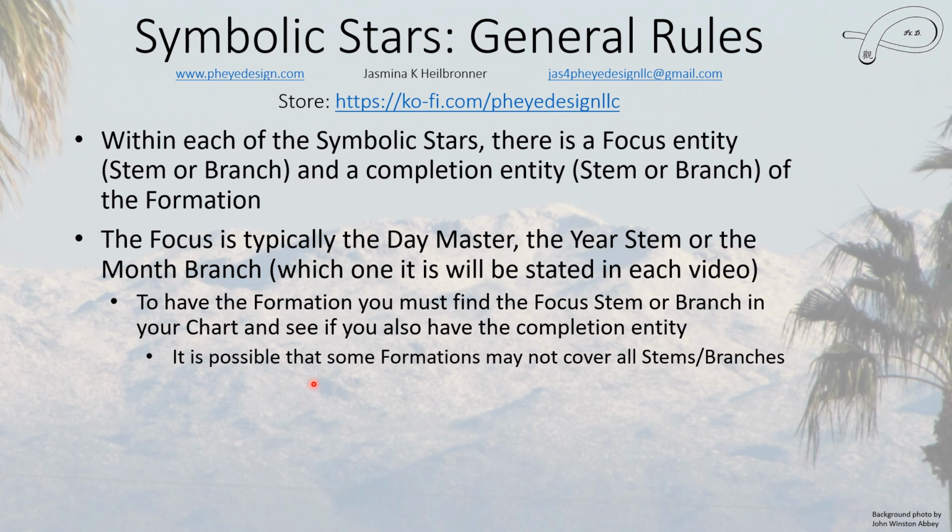It is also possible that some formations may not cover all stems and branches. If it is based on a stem, there are 10 stems, but there are 12 animal signs, so some of those animal signs might not be in that particular formation. That's just the way it is.